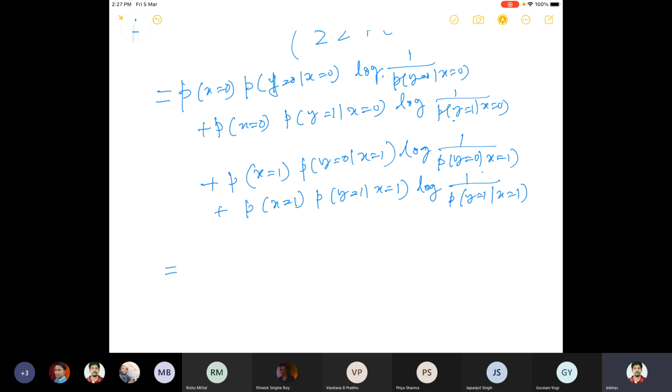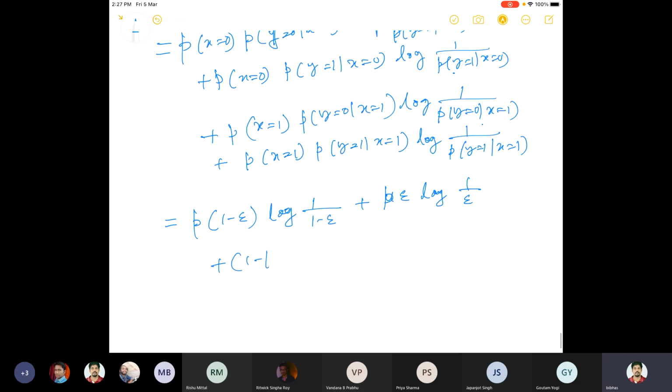So then this will be probability x equal to 0. If I just calculate this, this will be p times 1 minus epsilon, log of 1 by 1 minus epsilon, plus p epsilon log of 1 by epsilon, plus 1 minus p epsilon log of 1 by epsilon, plus 1 minus p times 1 minus epsilon log of 1 by 1 minus epsilon.